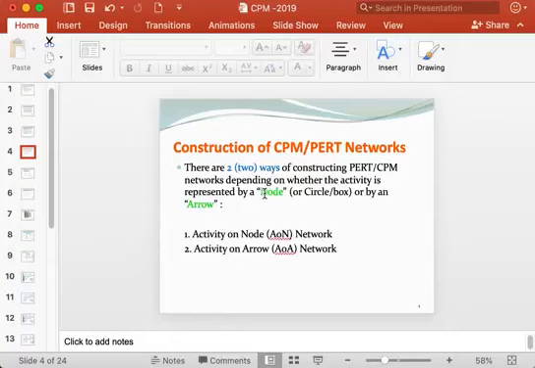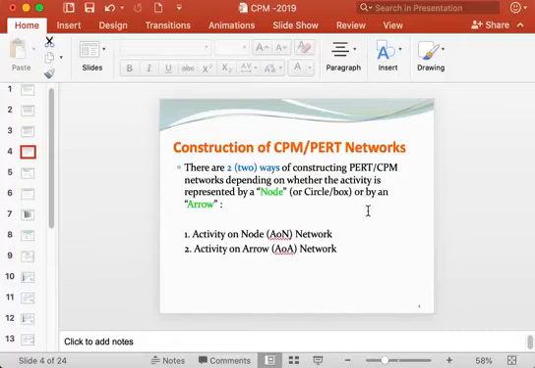So again, why we are talking about nodes and arrows here is because arrows and nodes are used as building blocks for constructing a project network, or PERT or CPM network.